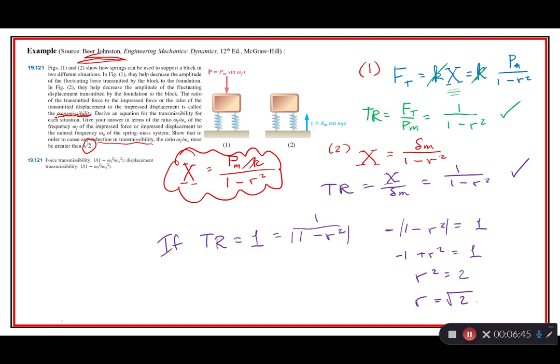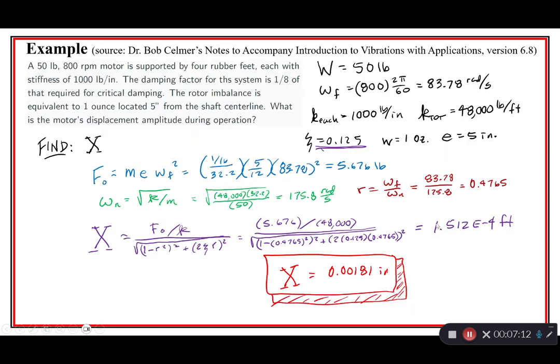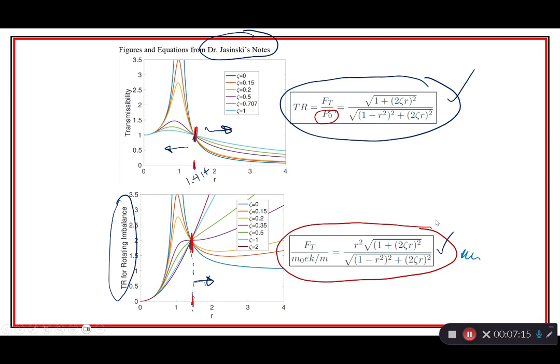So the only way that you could get a reduction, to get transmissibility to be less than 1, is to have r be something greater than the square root of 2. That's the concept that we have right here. That's where the square root of 2 comes from. A lot of talking for little reward, but it comes back to where that square root of 2 comes from. It's right there.